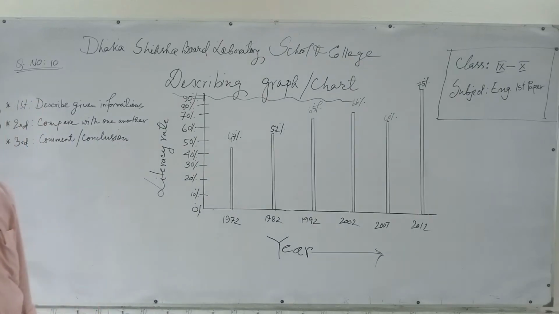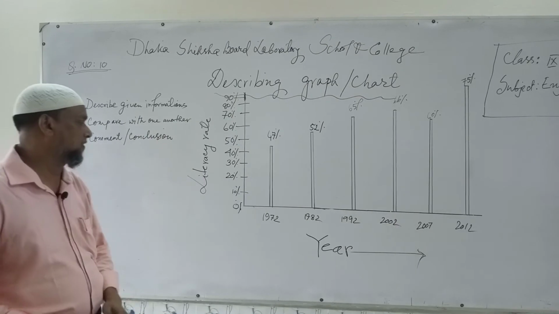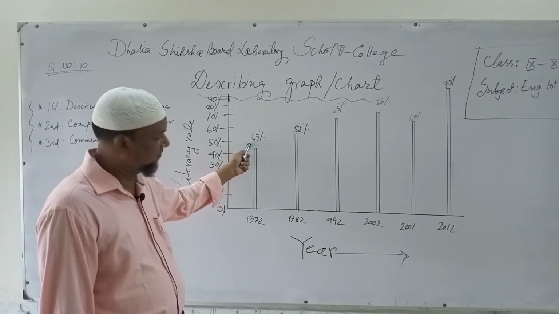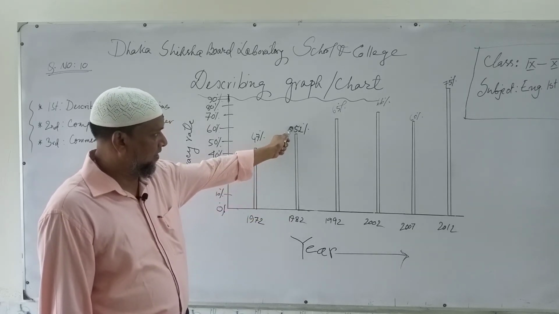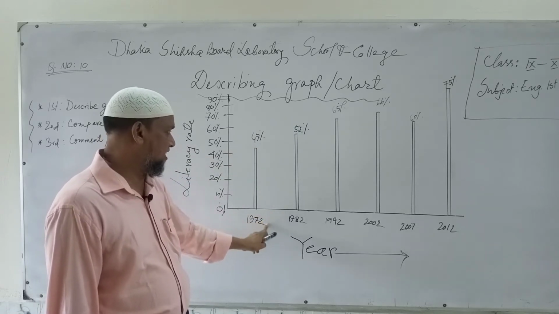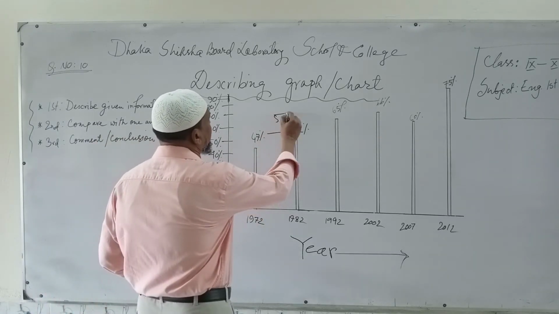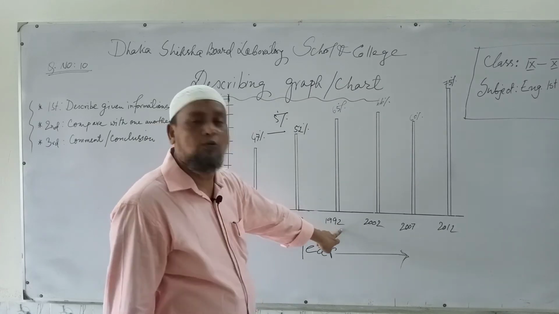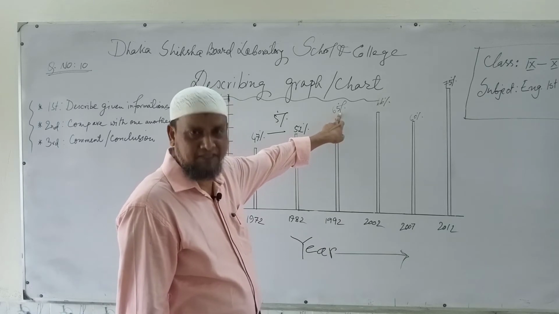Now, we can compare with one another. In 1972, the rate was 47. In 1982, the rate became 52. So, during these 10 years, it increased 5%. In 1992, the literacy rate increased and it became 65%.